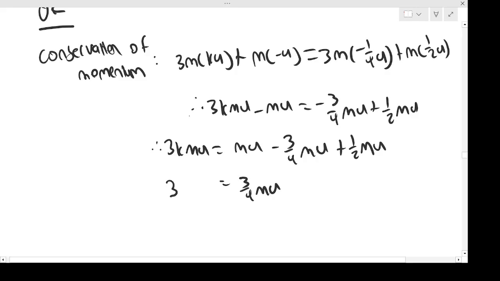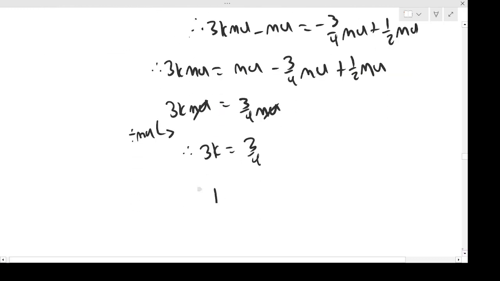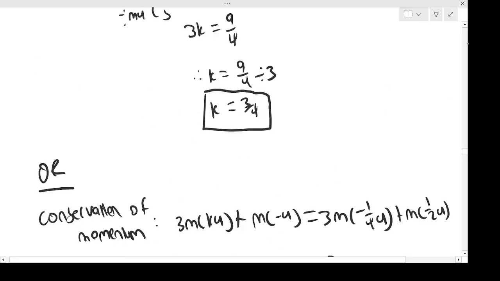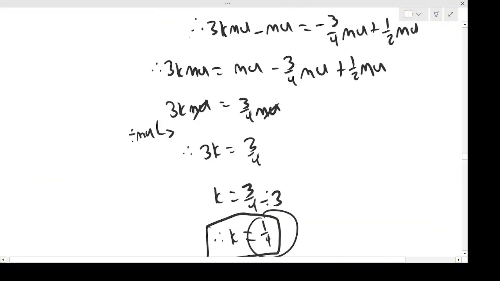And so that's 3kmu. Then I can cancel the mu's on both sides. So therefore I get 3k to be 3 over 4. So divide by 3, so 3 over 4 divided by 3, I get k to be a quarter, okay? And so that's my other number for k. So either k is 3 over 4 or k is 1 over 4.